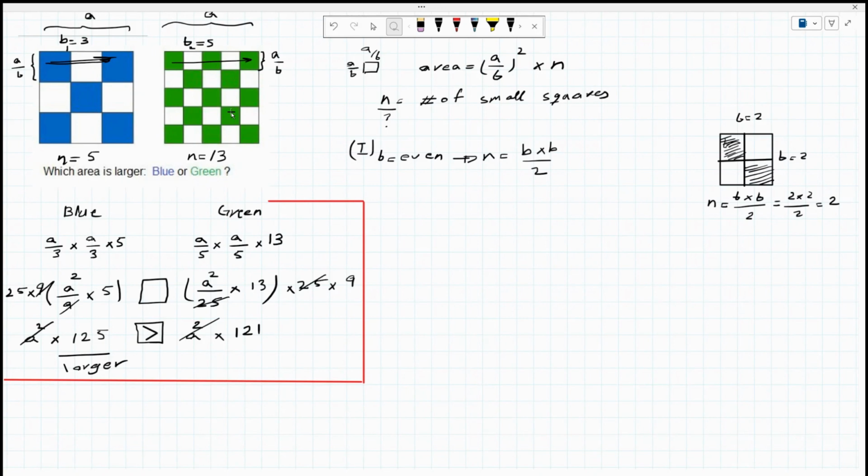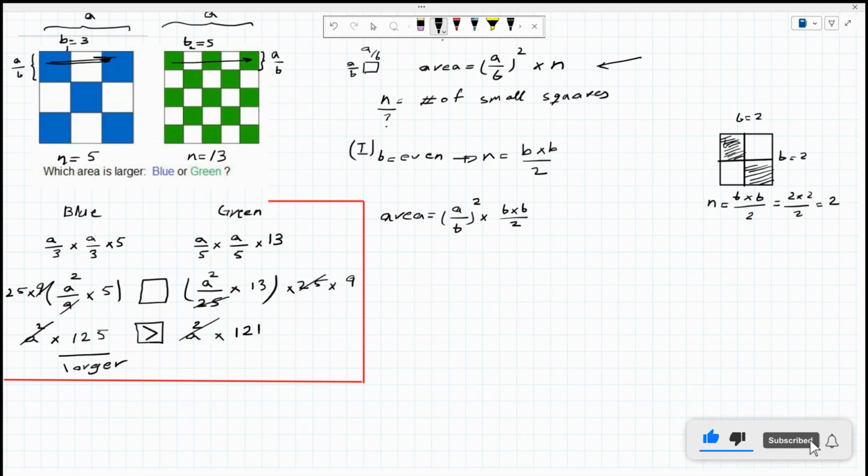So in this case, the value of the area, if b is even, will be, as per this equation, (a divided by b) multiplied by, sorry, there is a power of 2 here, and n is b multiplied by b divided by 2.